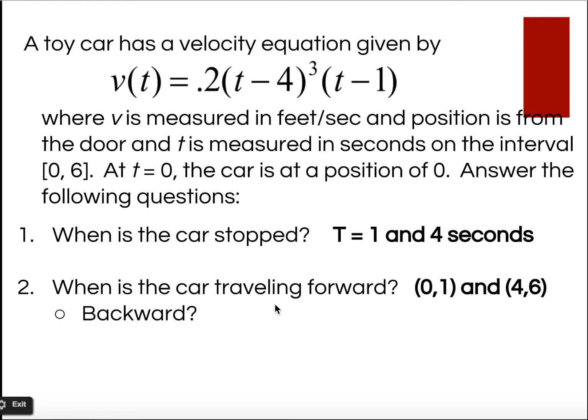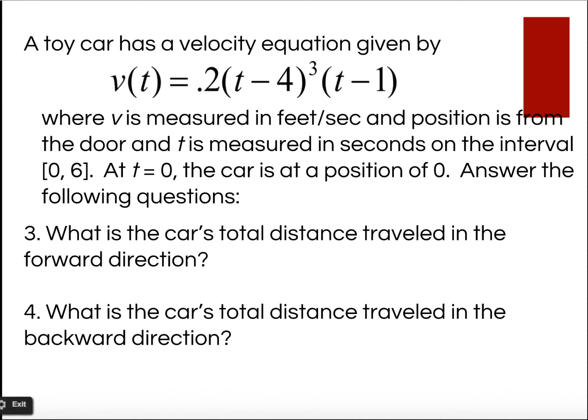Plugging in a number between 1 and 4, you're going to get a negative times a positive, which is a negative value. And then from 4 to 6, you're going to get a positive times a positive. And so the car is moving forward from 0 to 1 and 4 to 6, and it's moving backwards from 1 to 4 seconds.